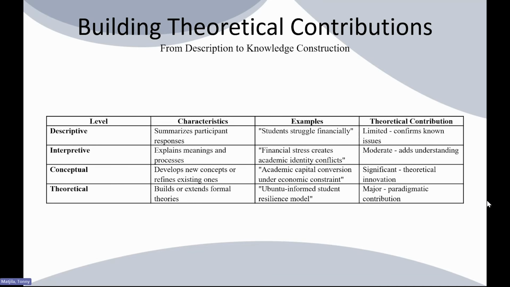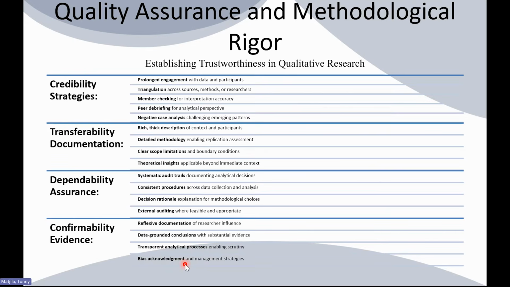Interpretive analysis, yes, this will explain meaning and significance. For example, why financial stress affects academic identity, not just that it does affect it. So these are the levels that you can check on. I just want to rest because I want to show you some of the things in Atlas.ti.